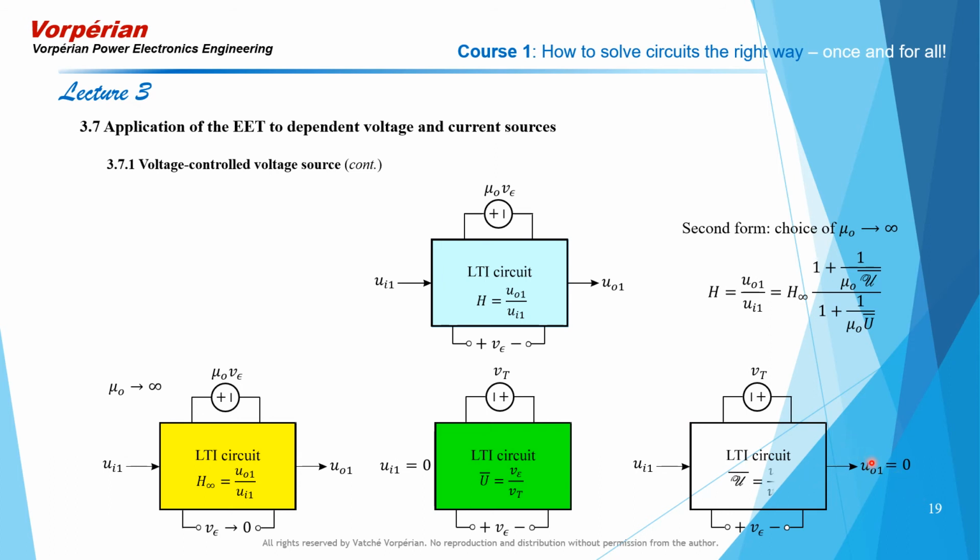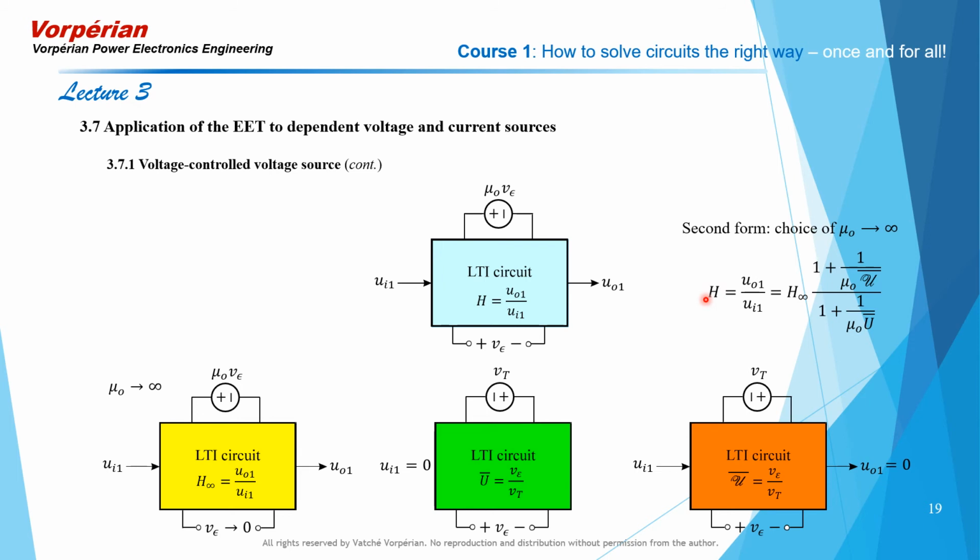And under these conditions, we compute the inverse gain, V epsilon over Vt. This is called the null inverse gain. That's our red computation. And having computed the null inverse gain, the ordinary inverse gain, and H infinity, we substitute these in the expression of the extra element theorem, and we obtain our full transfer function.